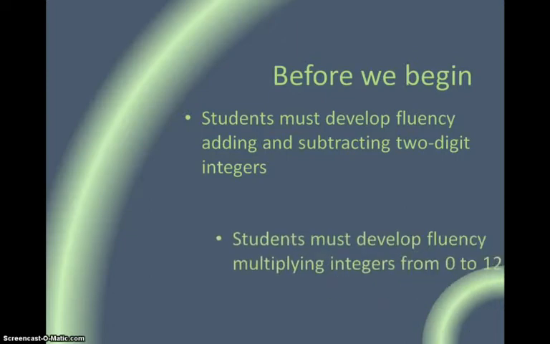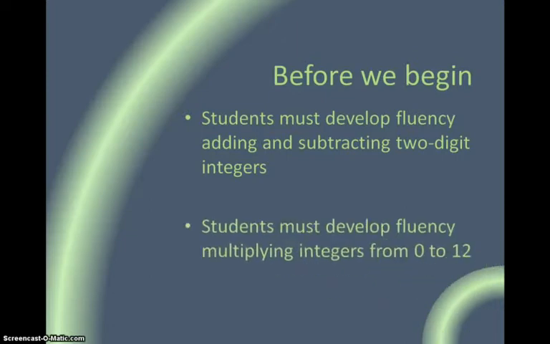Our second is that students must develop fluency multiplying integers from 0 to 12. Our times tables, often learned in third grade, and really should be mastered by the time students are done in third grade.